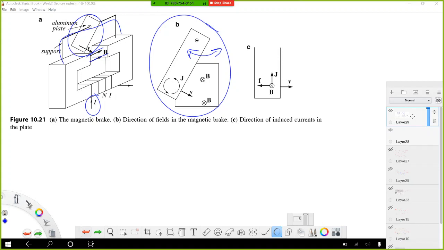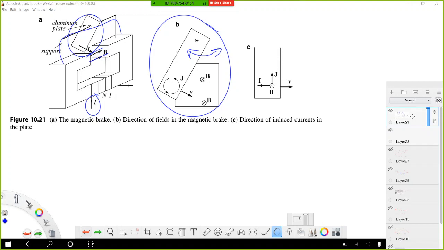If there is a current in the coil, the movement of the conducting plate into the magnetic field generates induced current in the plate itself due to the motion of the conductor in the magnetic field.